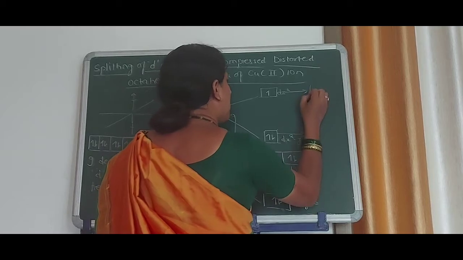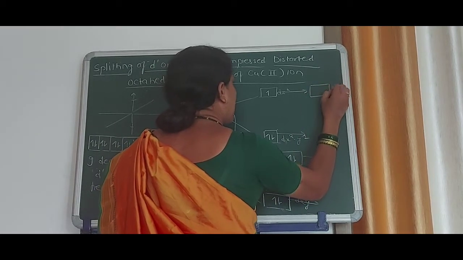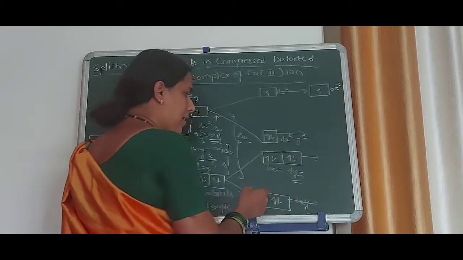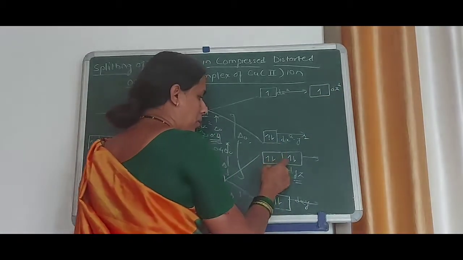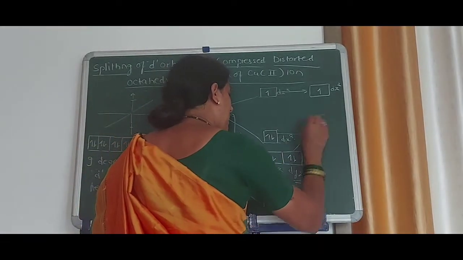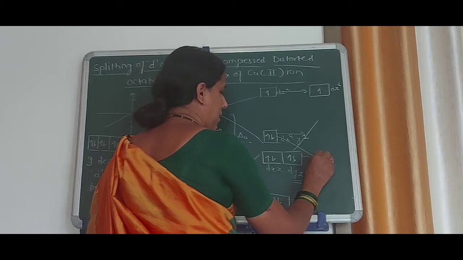the distribution is dz square with 1 electron. Then, which orbitals come closer here, these orbitals are here and these orbitals are here.